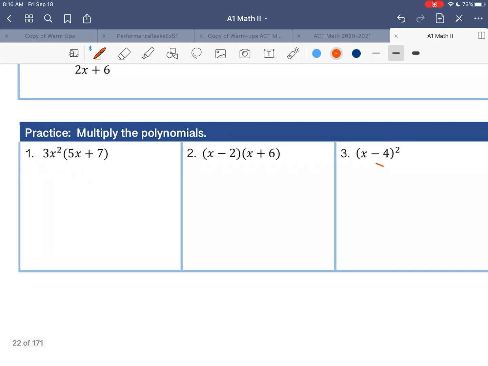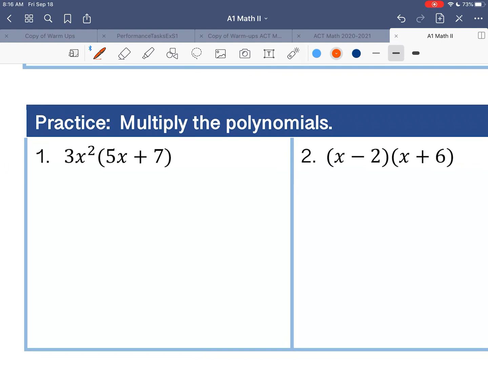So we're going to do a couple examples on this one because this is more of the new material, and I want to be able to show you some things here. So let us distribute this 3x squared into the parentheses. In this situation, there is only one term, so this works just like normal distribution.